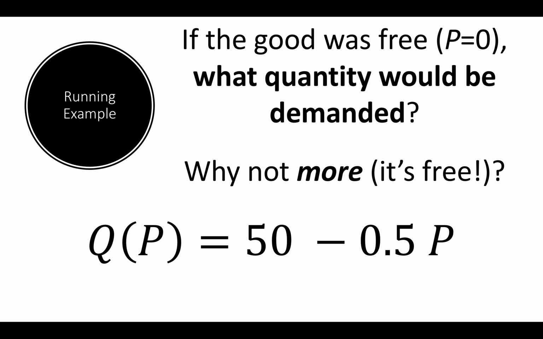So what we're effectively saying, when we say if the good was free, in a demand curve, the price is a surrogate for how much you value it. So when we say if the good was free, how much would be demanded, a different way of saying that same question is, how many of these do you need for you to value the next unit at 0 value?